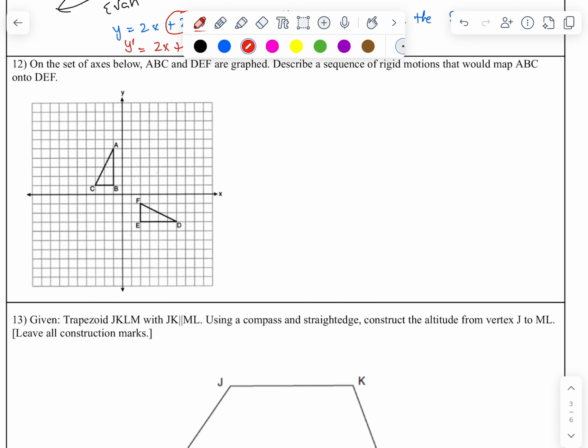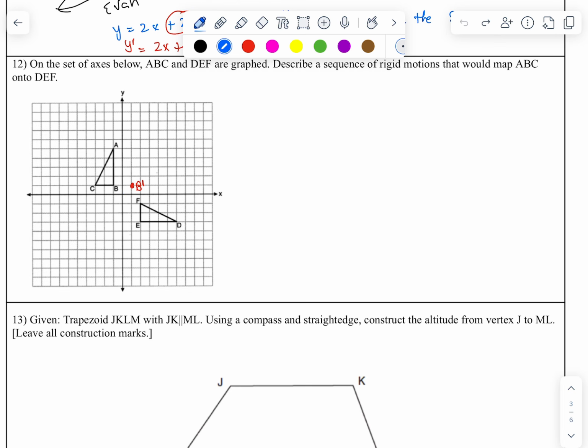But here I think I might actually do a rotation. I think I might do a 90-degree clockwise rotation. It's not the only way that you can do this centered at the origin. So I'm going to do that real quick and see where it lands. That will land here because it's 1 and 1. Let me do some of the other points as well.